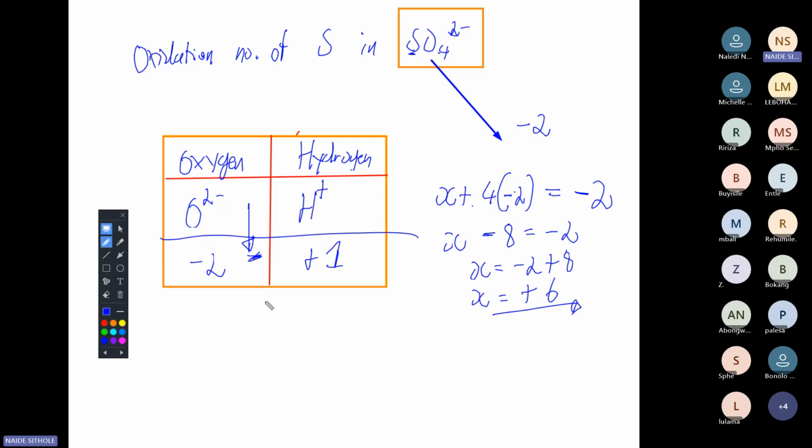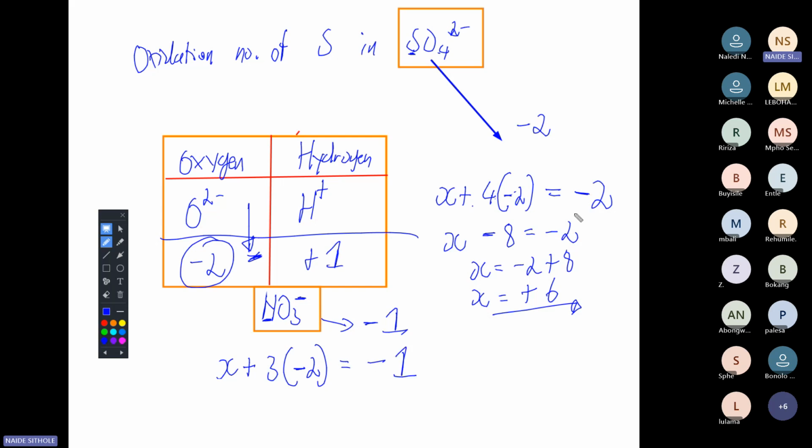Let me show you with another one so that you understand. NO3-. Again, the minus there indicates that the oxidation number for the whole ion is -1. We don't know the oxidation number of nitrogen, so we make it x. How many oxygens are here? 3. Each oxygen has an oxidation number of -2. Then I equate it to the -1.